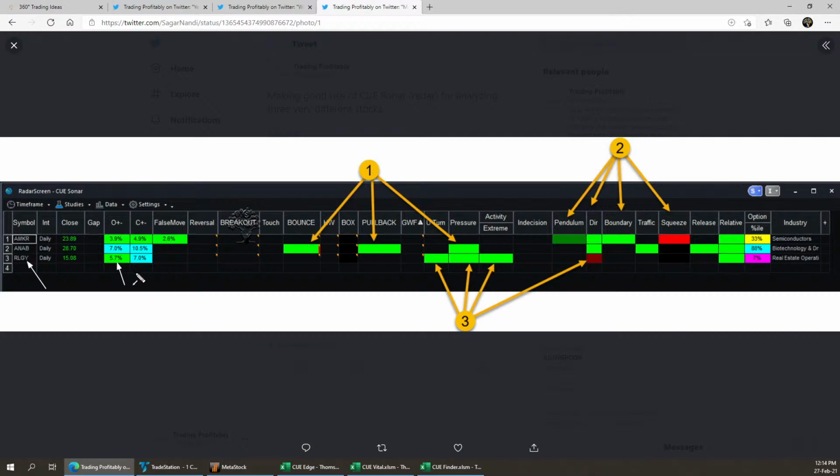Since open, it went up by 5.7%, closed 7%. It had a bullish U-turn, bullish pressure, very high volume. Direction is red, dark red, meaning it was somewhere in between yellow and white direction. Again, there was no trade setup.